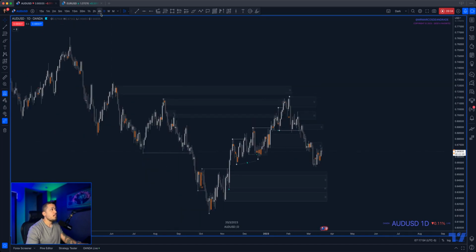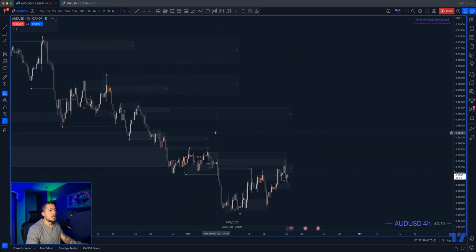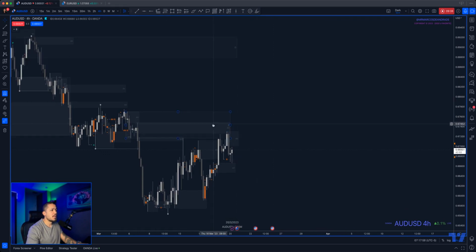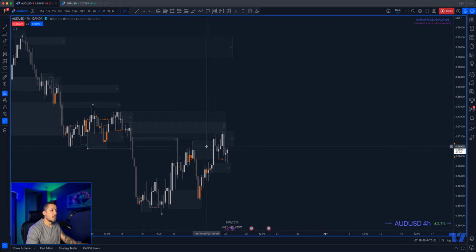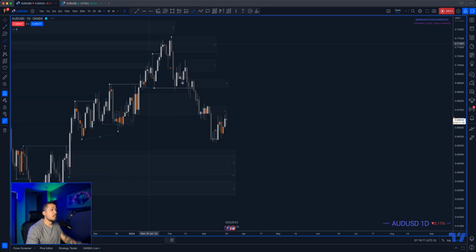On the 4 hour, it's even a little more clean, because we had the 4 hour chalk. But again, the market's not perfect. So here we need to just be looking, right.